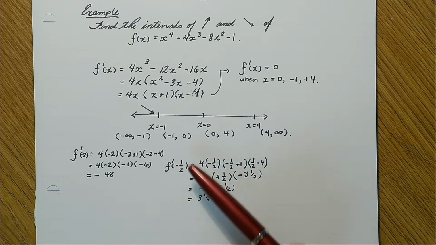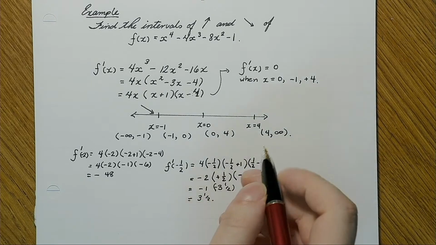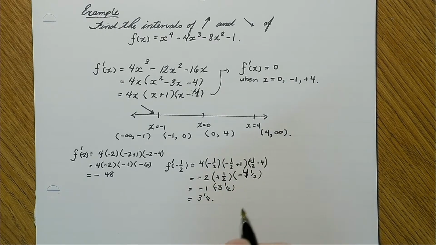Yeah, I still got 3.5. Okay, perfect. I subbed positive. Yes, right here. Thank you. So that should be 4.5. Excellent. 4.5. Perfect.